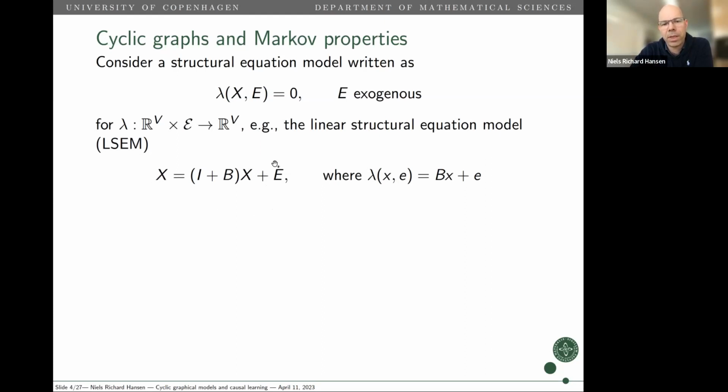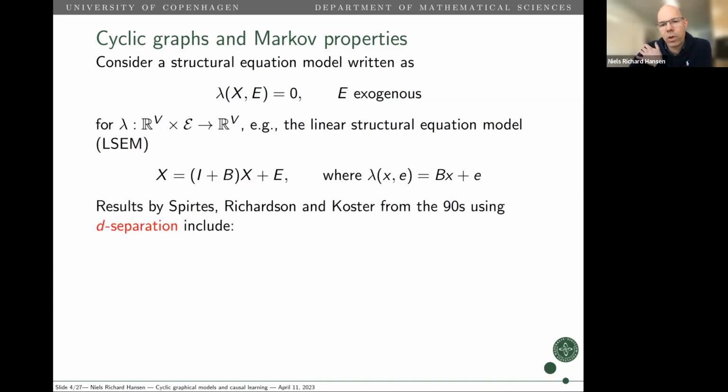But this is the representation that you are probably most used to in the linear structural equation model framework, where we have x on the left-hand side, and we can order the coordinates so that this is a triangular matrix if we have a directed acyclic graph. Otherwise, if we have cycles, we cannot do that. But even if we have cycles, we can still solve this equation, and we can obtain x in terms of e by just multiplying e by the inverse of beta.